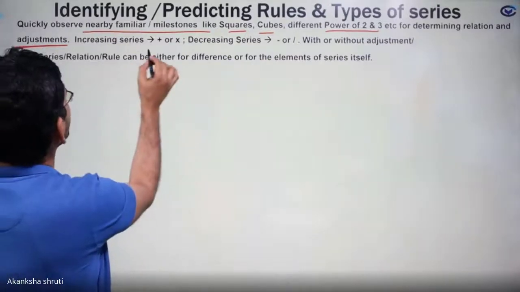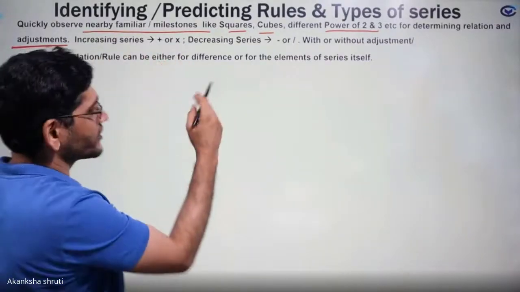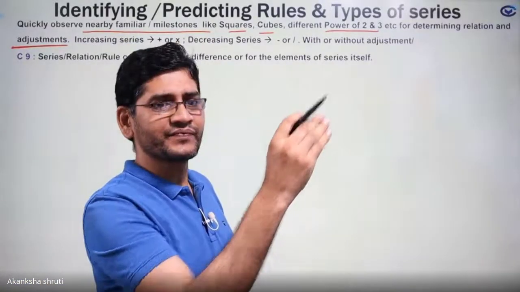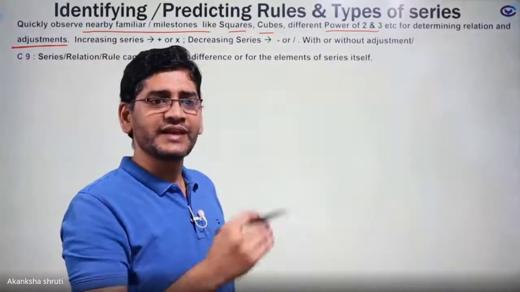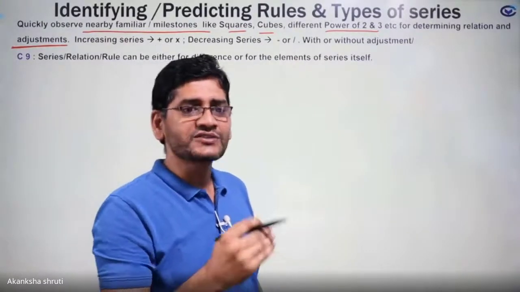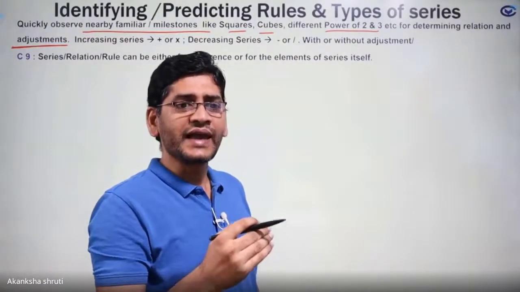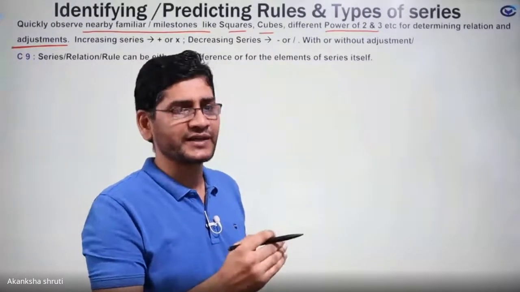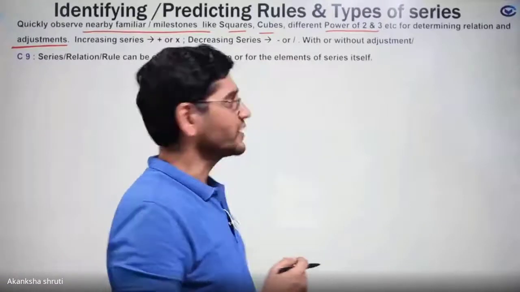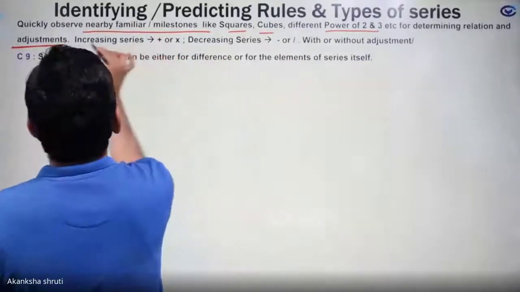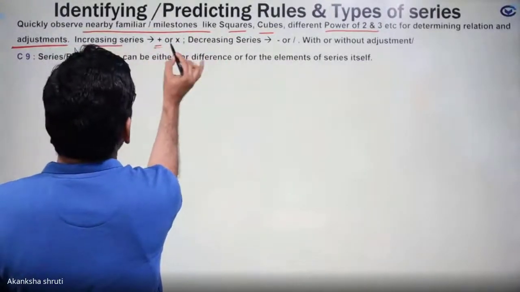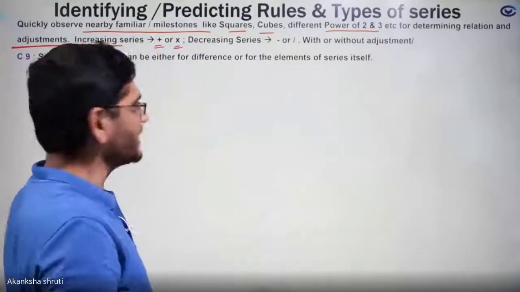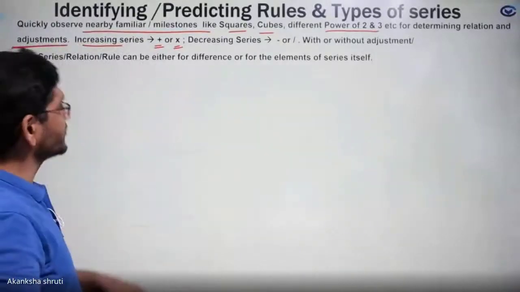Students, in this series, you will find that either the series is increasing. When the next term is increasing, it simply means the next term is obtained by addition or multiplication from the previous term. So if the series is increasing, then surely there will be addition or multiplication. Whether addition or multiplication, we have to determine by the followed rule.